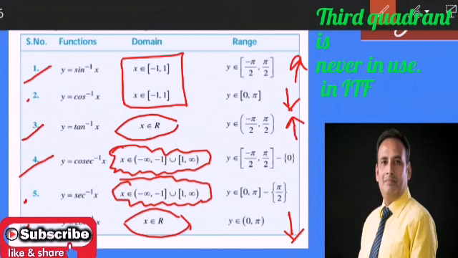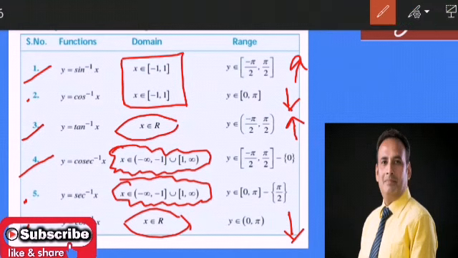Although the first quadrant is common to all, you should also mark this point: the third quadrant is never in use in ITF. That is the nutshell conclusion, that the third quadrant is never in use in the ITF chapter throughout.